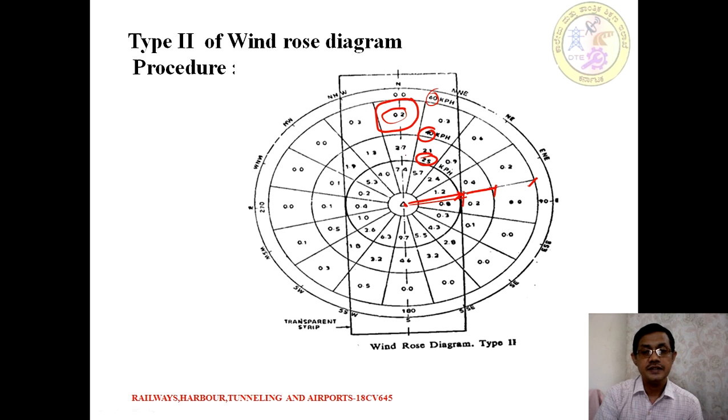Similarly, in the same north direction, from 25 to 40 kilometers per hour, it has 2.7% coverage. Similarly, from 0 to 25 kilometers per hour, it is 7.4% coverage. Like this, all the 16 sectors are marked on the graph sheet.